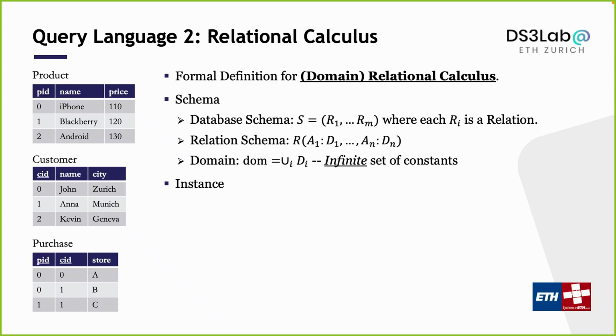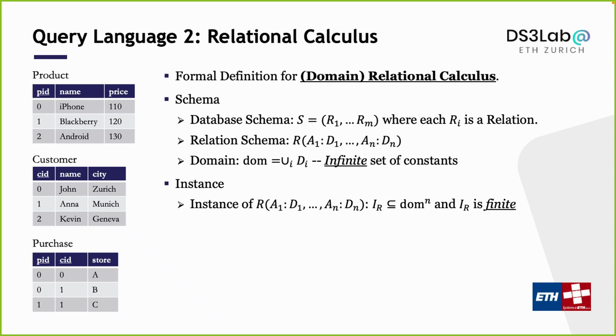A database instance looks like this. You have your relation R. An instance of this relation, IR, is a subset of the cross product of the domain with the same arity as the number of attributes. So IR is a subset of domain to the n, where n is the number of attributes. In database, we always assume this instance is finite, a finite number of tuples in the domain.